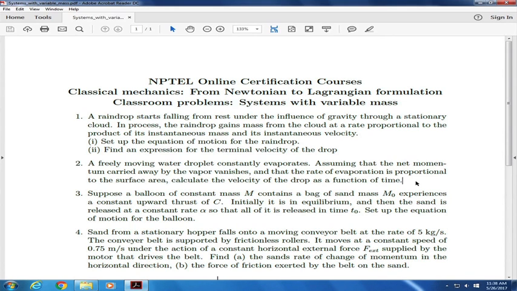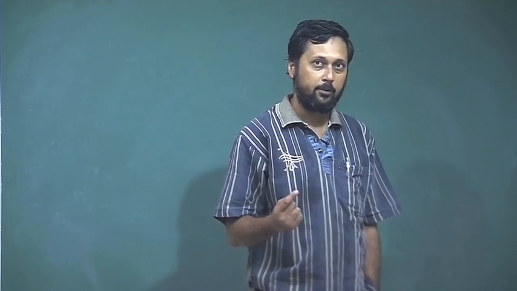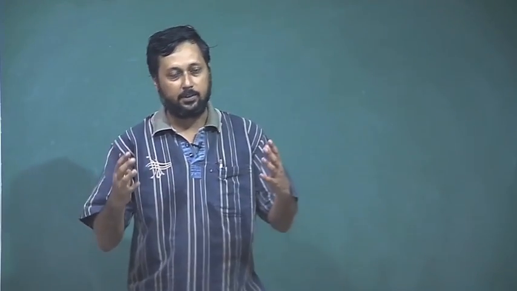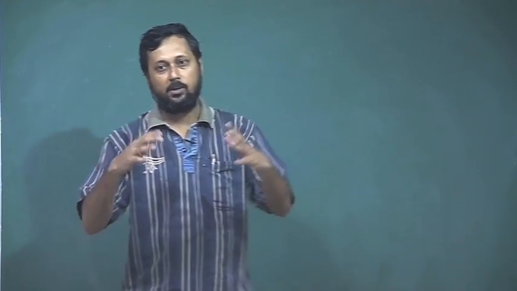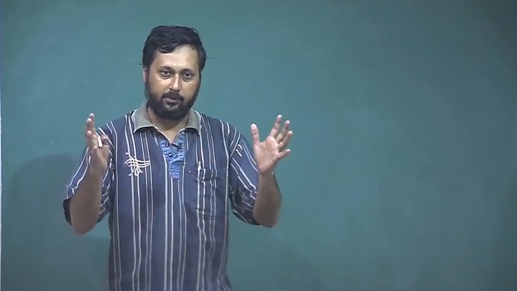Now in this particular problem, so far we have dealt with a situation where a raindrop is accumulating moisture from its surrounding, that is to say when it is passing through a cloud. But in this particular case the moisture is going away from the raindrop.